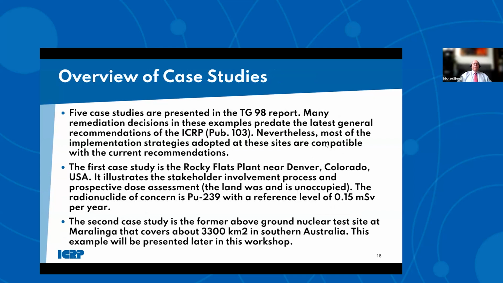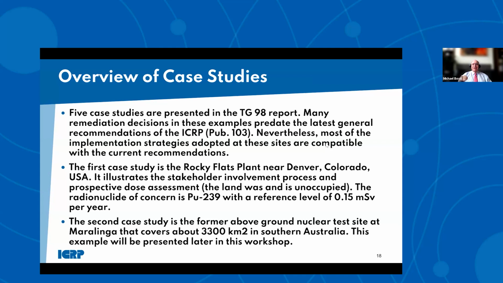So, giving you a quick overview of the case studies before I turn the presentation over to Analia, we do provide 5 case studies in the report. Many remediation decisions in these examples predate the latest general recommendations of the ICRP. So we have identified the equivalent, in some cases they are called reference levels.